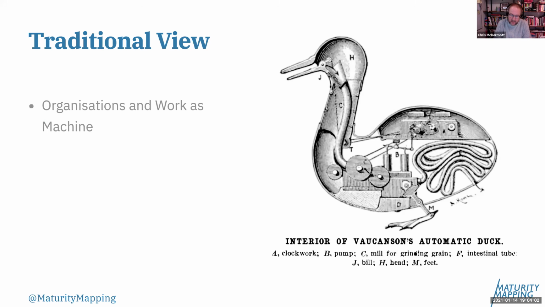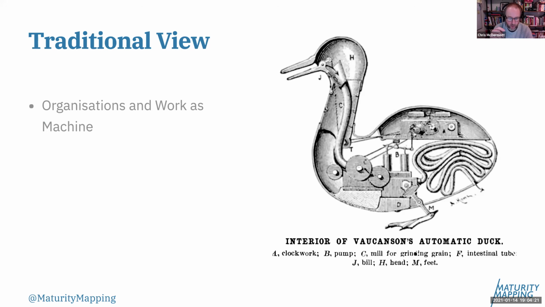They have that Cartesian view, that Adam Smith view, that splitting of work, the Taylorist view of work. They start to think of their organisations as machines with interchangeable parts.